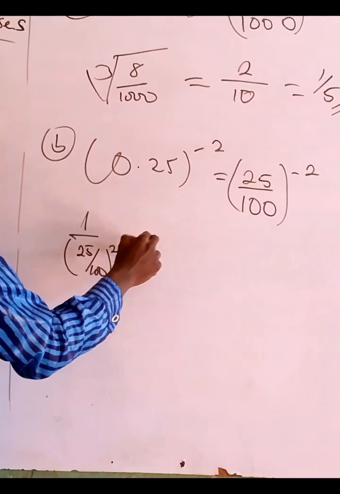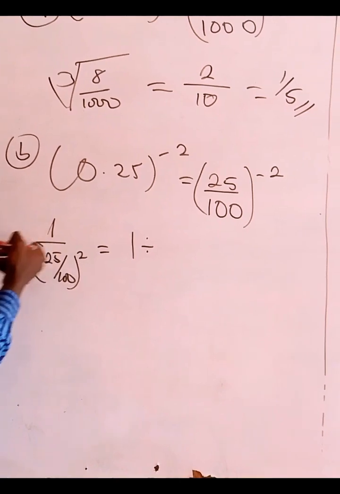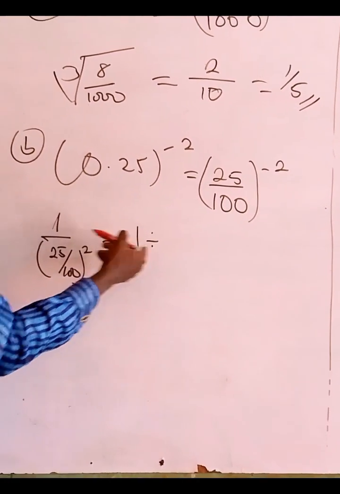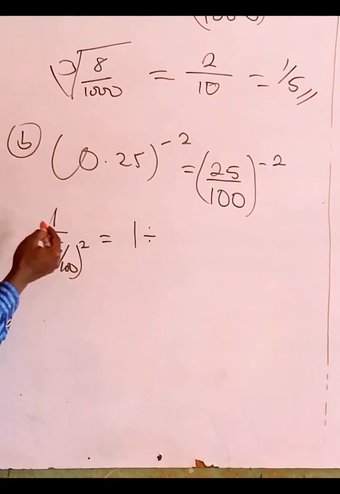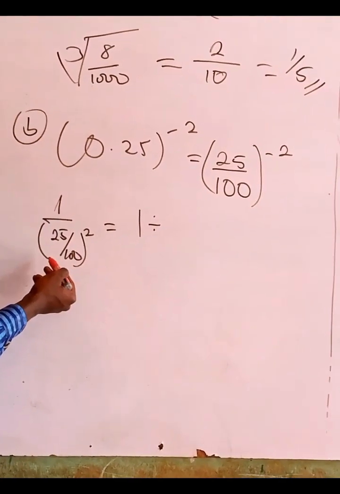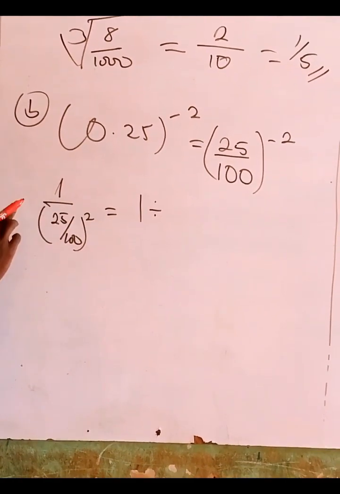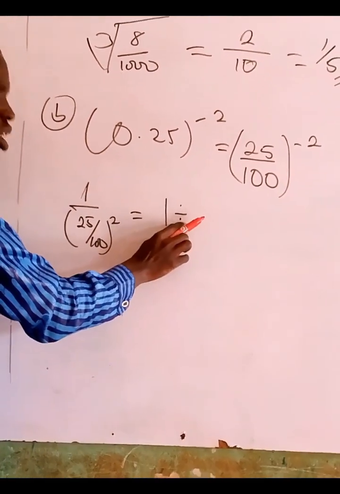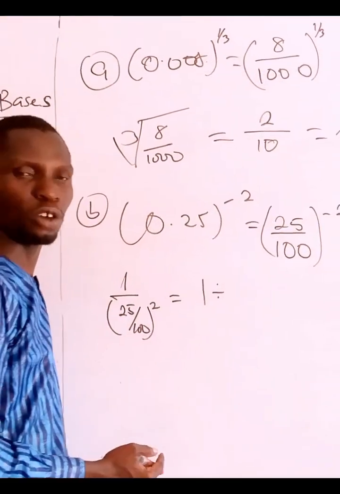This now becomes 1 divided, because this is the division sign. We choose to use this division sign because some people get confused when they get to this stage. They put 1/25 divided by 100. You will be wrong if you do that, because 1 stands on top over 25 over this. That's why we choose to use this division to avoid any ambiguity or confusion.